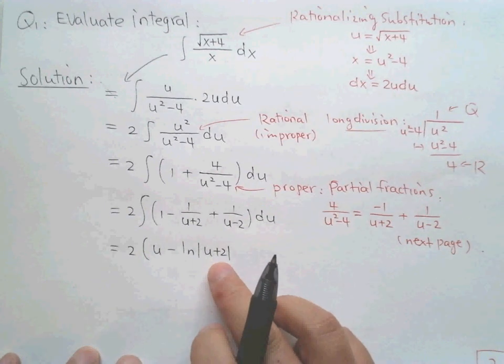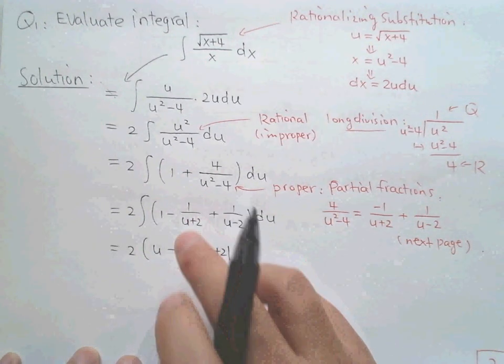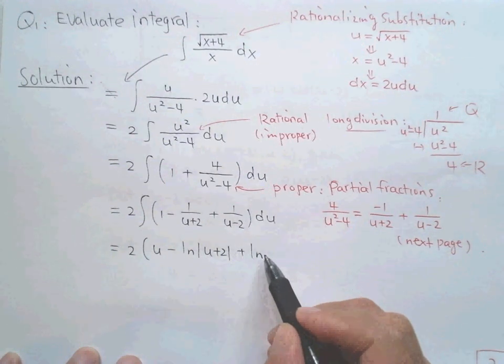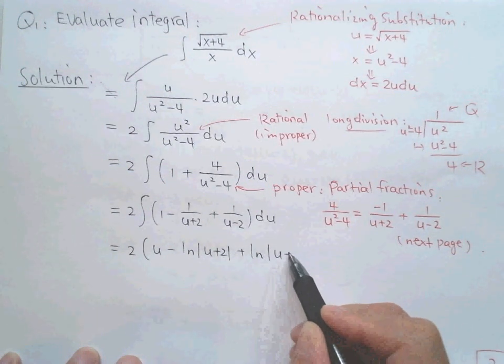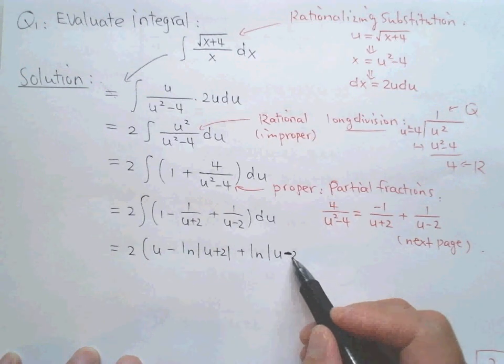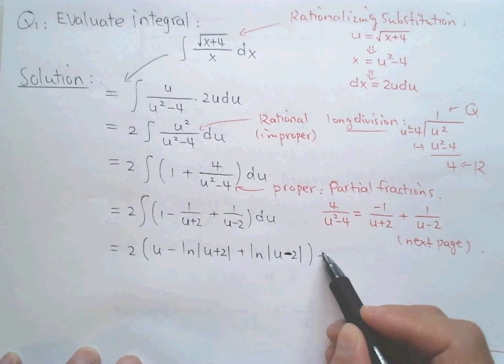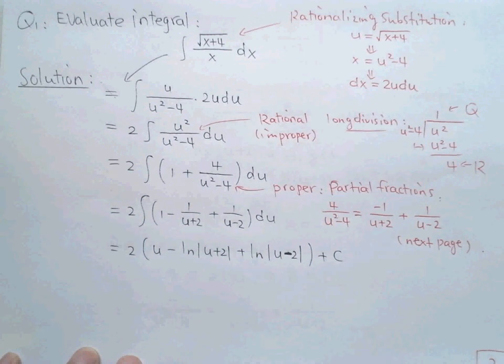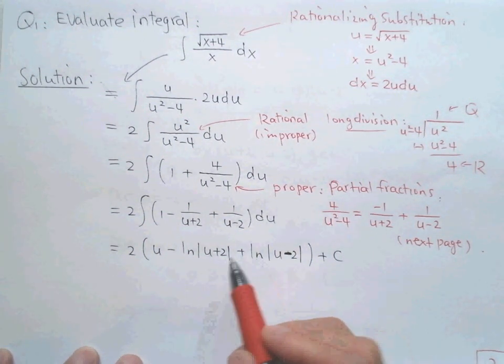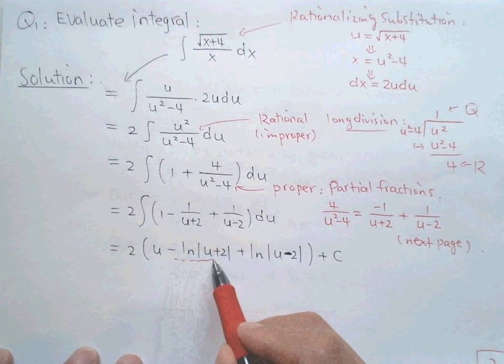Keep in mind that this is a composite; however you use the chain rule, you will definitely get that. This is the same, so plus ln absolute value of u minus 2, and then plus c.